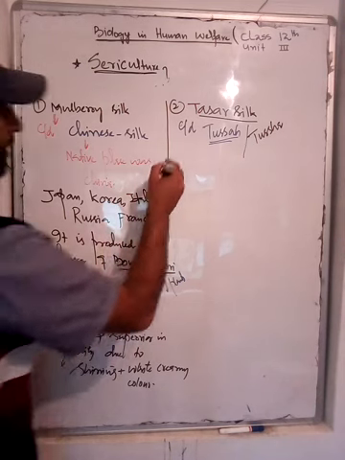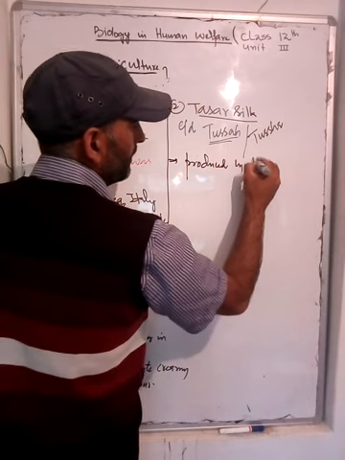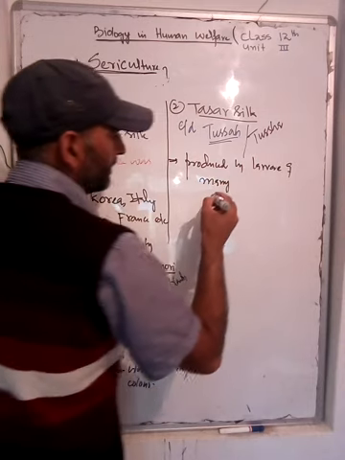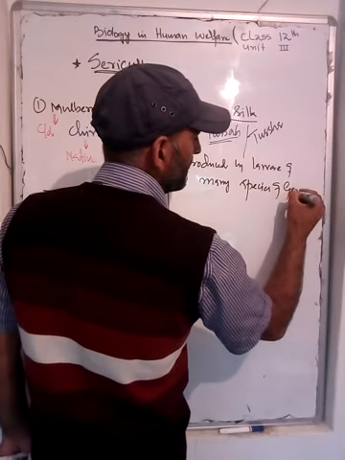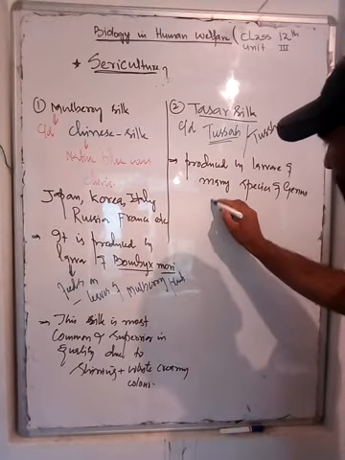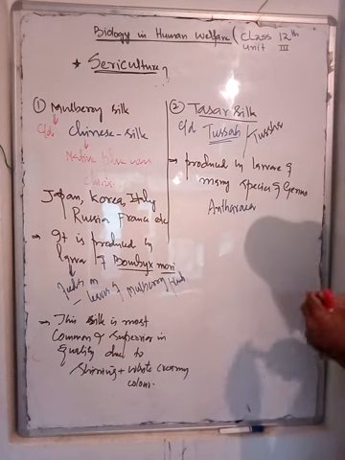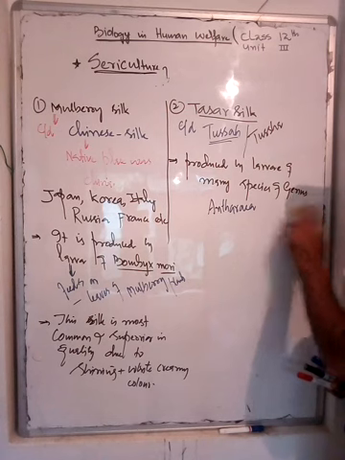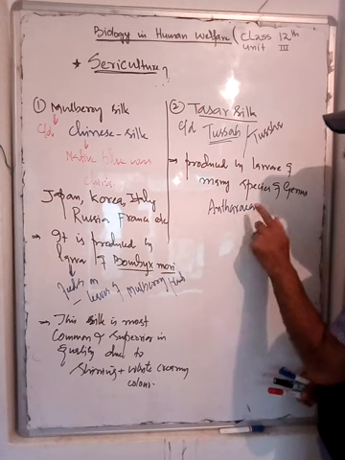It is produced by larvae of many species of the genus Antheraea. Tussar silk is produced by larvae of many species of the genus Antheraea.